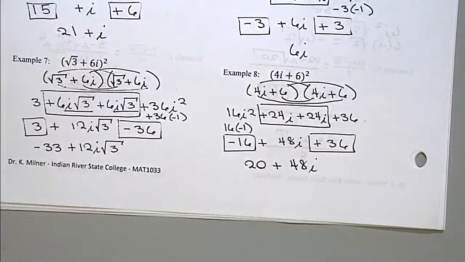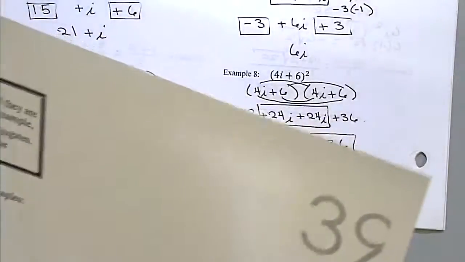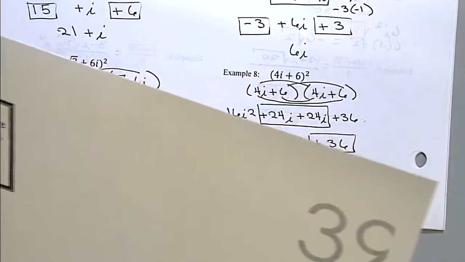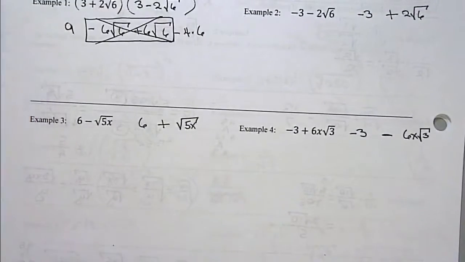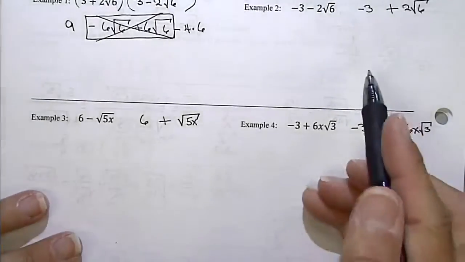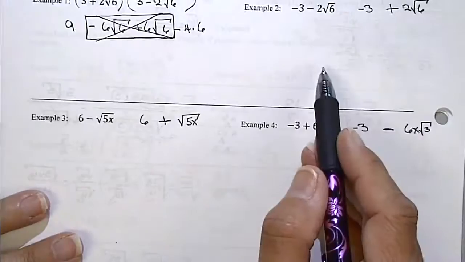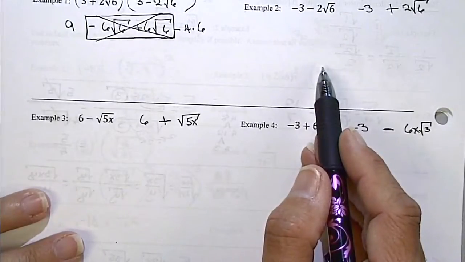You guys good? Okay, now I've got a minute, so I'm going back to your conjugate page. Don't leave me yet. Go back to page 39. I want to give you just a tad of practice with 39. I want you to take these conjugates that you created, and now I want you to multiply them by each other.